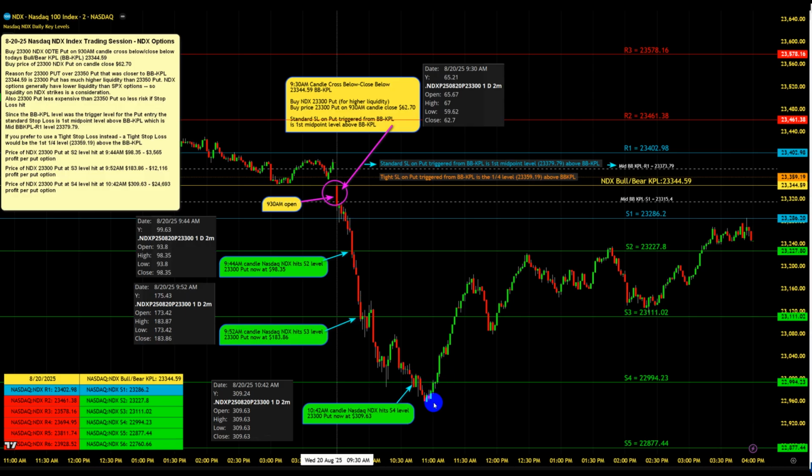So here, after this fierce sell-off, we're finally seeing the bounce off of S4 here. So whether you got out here, here, or here on this earlier trade, then you could look at taking a call option here.